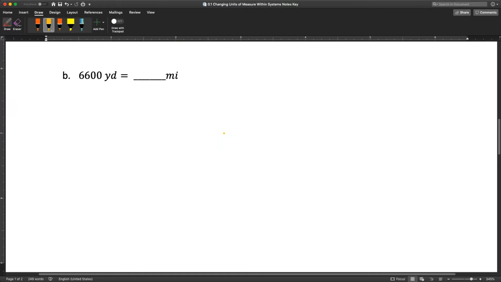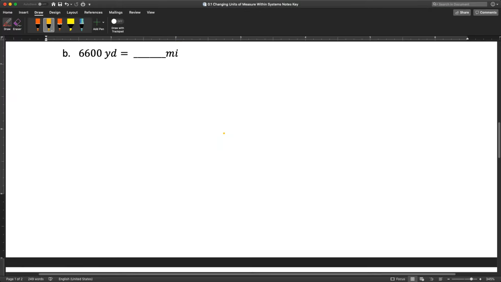Now, when we get down to B, we are talking about units of measure that we use here in the U.S. We use yards, inches, feet, and miles. And this asks us to convert 6,600 yards into that number of miles.